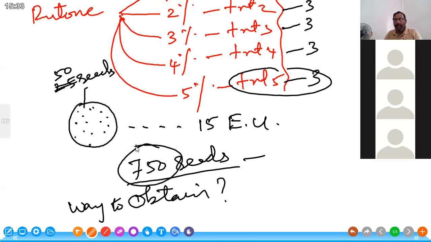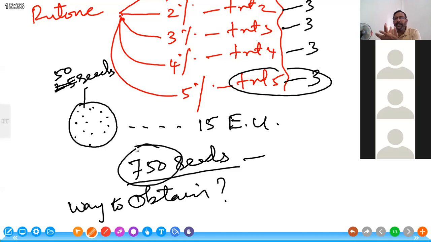So in a papaya, when you cut the papaya, some seeds may be white in color, some seeds may be mature. I don't know how many of you have seen after cutting the papaya, right? So the quality differs.